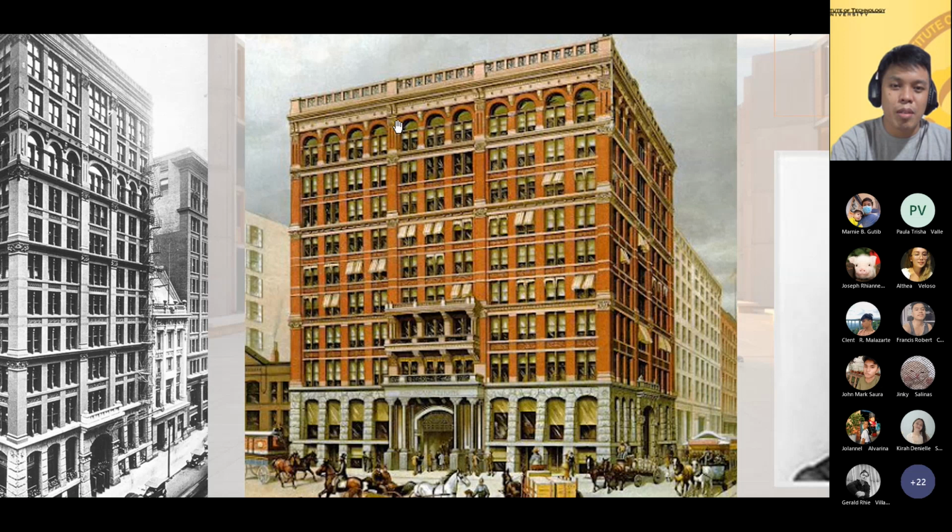Here nagyapon sila yung mga parapet wall, and then you have here the cornices and the moldings right here. So they have these designs that are influenced by the previous style, but at the same time they use this new material which started the whole early modernism within US and also at the same time in Europe.